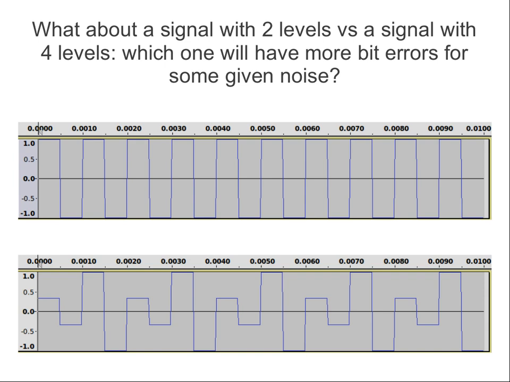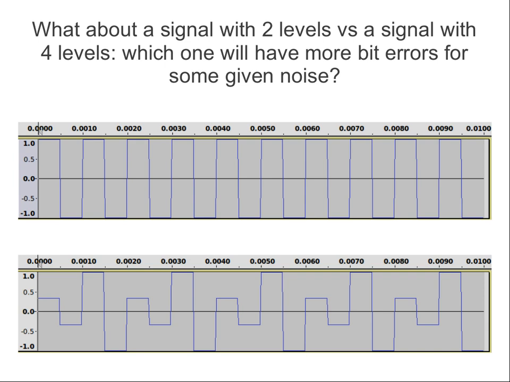Simply, bandwidth is 1000. 2 times 1000 is 2000. And here, m, the number of levels, is 2. Log base 2 of 2 is 1. So we get 2 times 1000 times 1. We get a data rate with this scheme of 2000 bits per second.